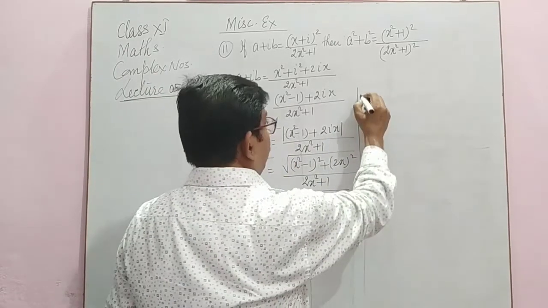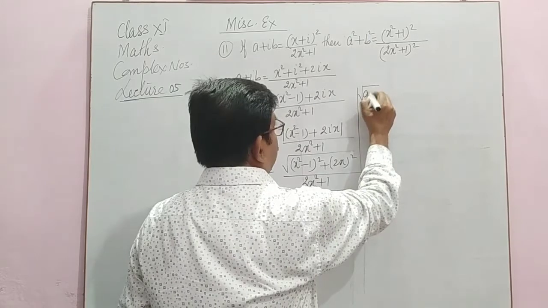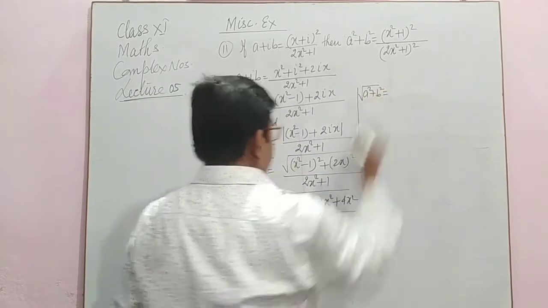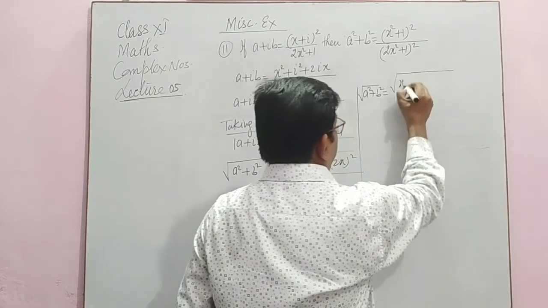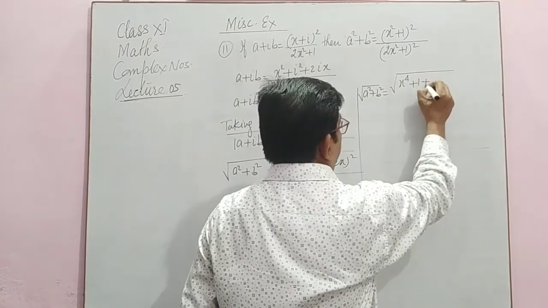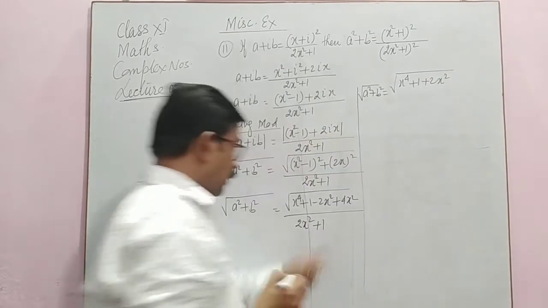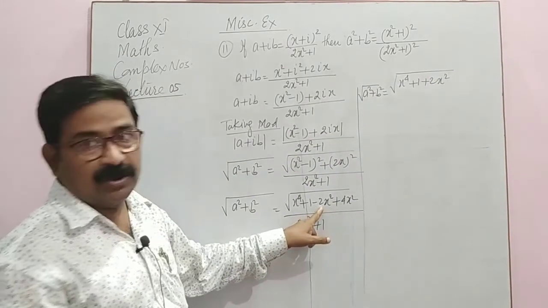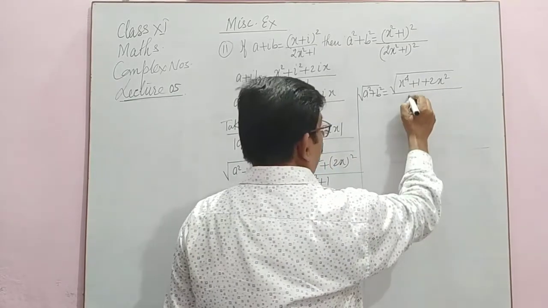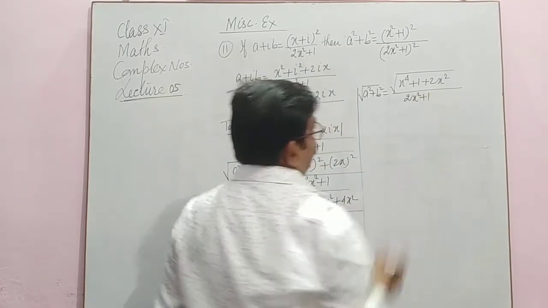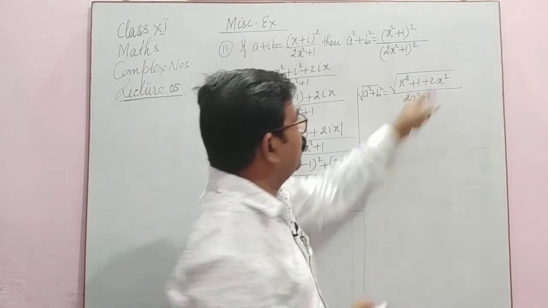We have under root a² + b² equals under root (x⁴ + 1 + 2x²). Why? Plus 4x² minus 2x² upon (2x² + 1). Now this is (x² + 1) whole square.